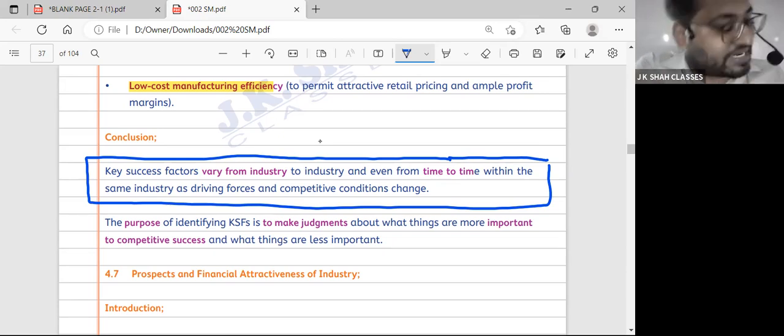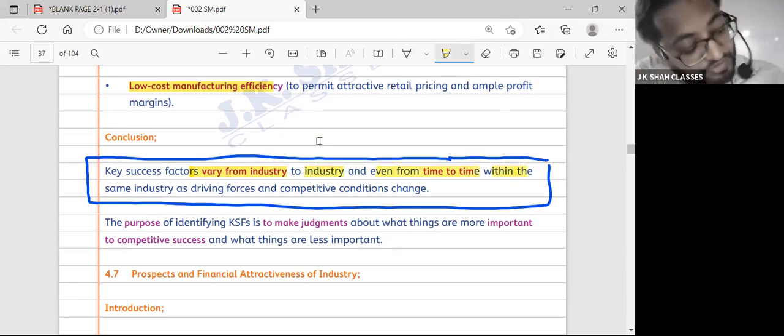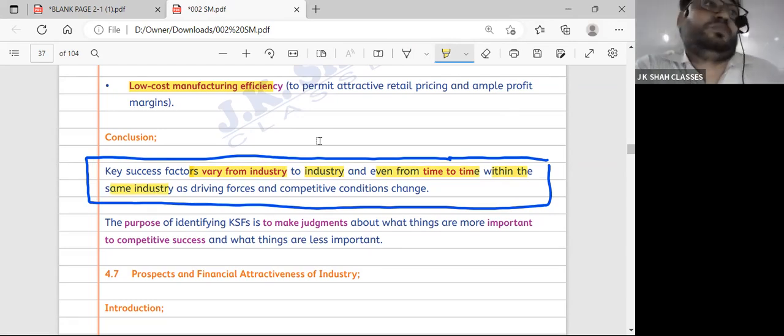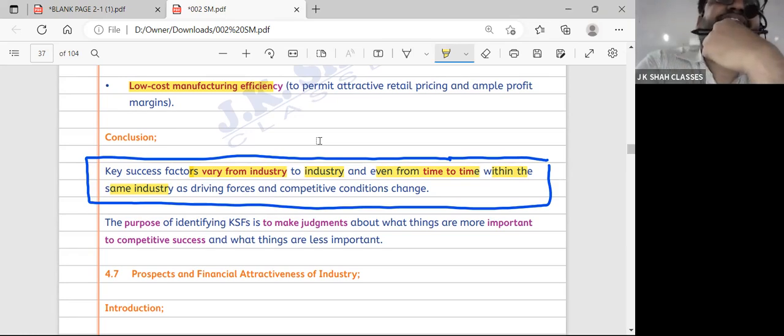Key success factors vary from industry to industry and even from time to time within the same industry. I want to know the explanation of this point. Student: At one time we will have one kind of key success factor in the same industry, and another time we will have a different pattern.